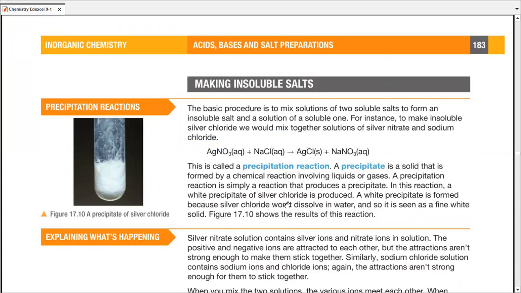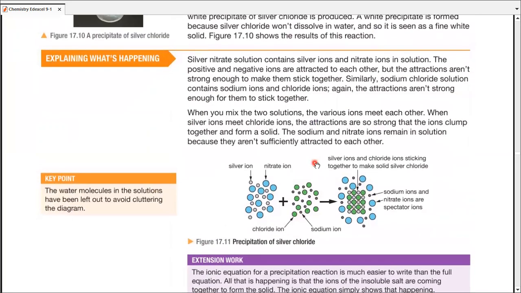Let's explain what's happening over here in a very detailed diagram. Silver ions and nitrate ions are dissolved in water in an aqueous solution. Chloride ions and sodium ions are dissolved in aqueous solution. What happens is that sodium and nitrate ions are spectator ions.